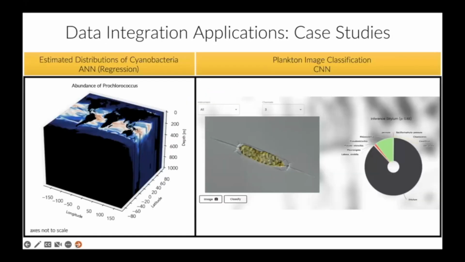Okay, so we have used this service for several research studies already, with a few examples. On the left-hand side, we're looking at a neural network model that we trained for certain important cyanobacteria. This is a model to predict the distributions of cyanobacteria at the global scale. The way we do it is that we first compile about 4 decades of direct measurements of these cyanobacteria abundances.